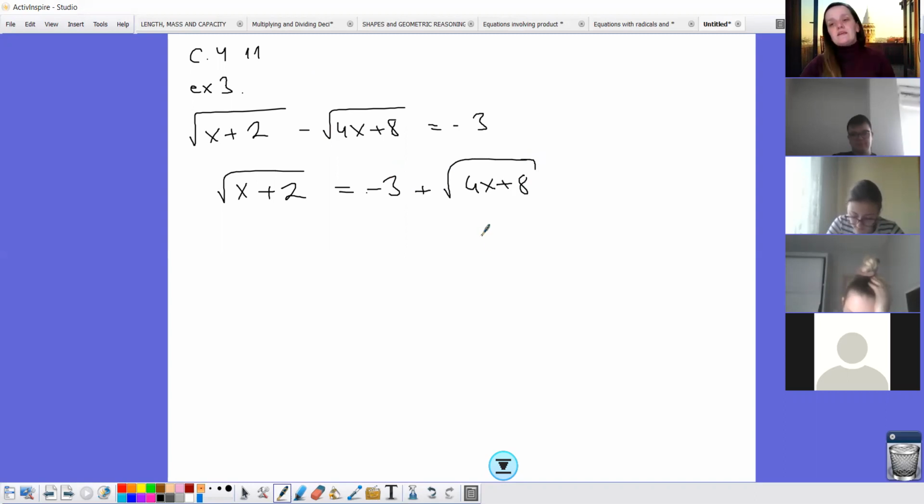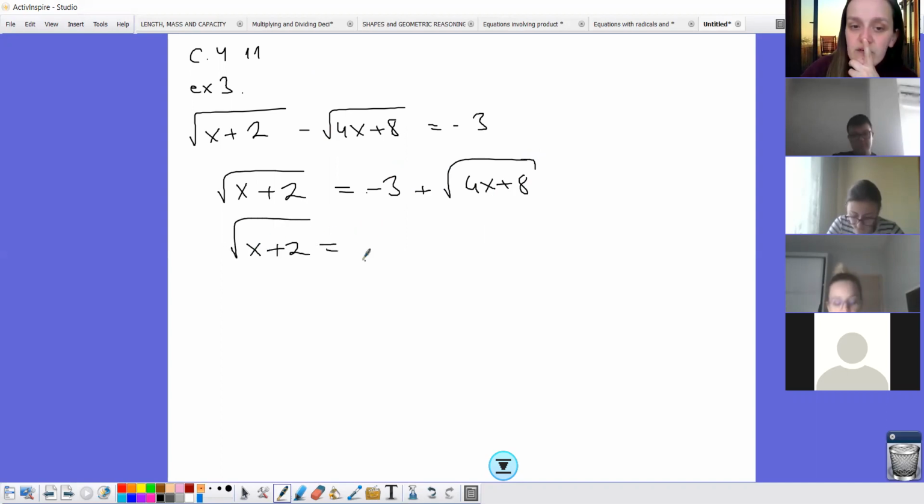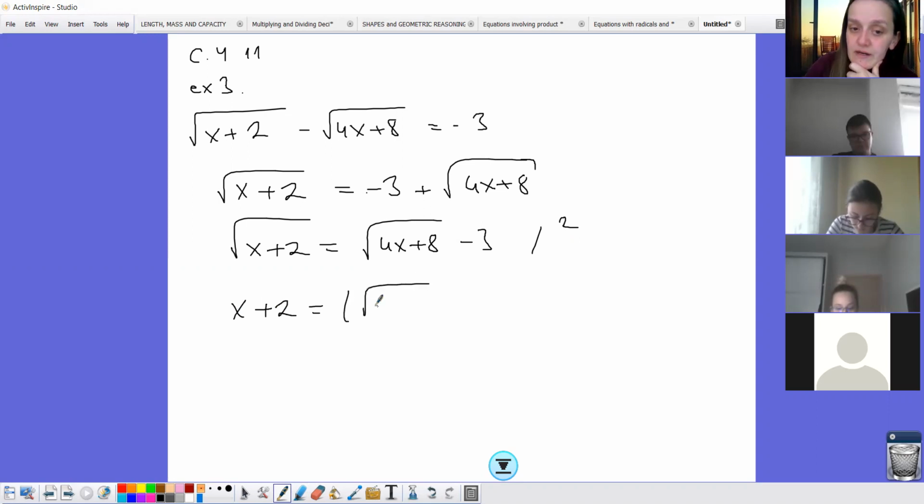Now, when I take the square of both sides, only for us not to have problems, one more time I will write it in this way. It seems more understandable. Now, when I take the square of both sides, in the first part I will get only x plus 2. In the second part, we have a binomial square, and then it will be in this way.